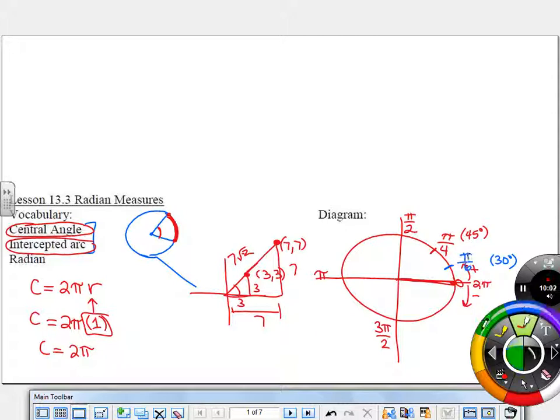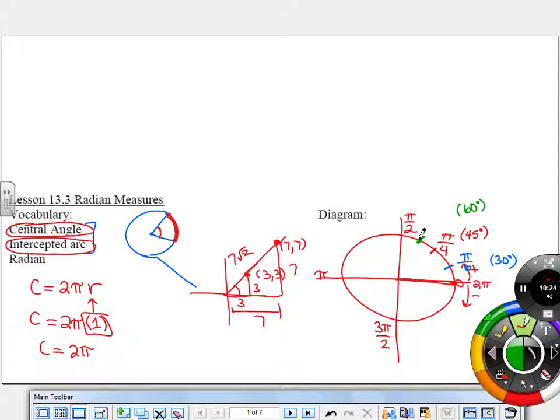Okay? All right, what about at 60 degrees? What we would normally consider 60 degrees. What is that in radians? Pi over 3. How do we figure that out? Same as the other one. So you could say, well, 60 degrees is 2/3 of 90, and you can multiply 2/3 times 1/2.